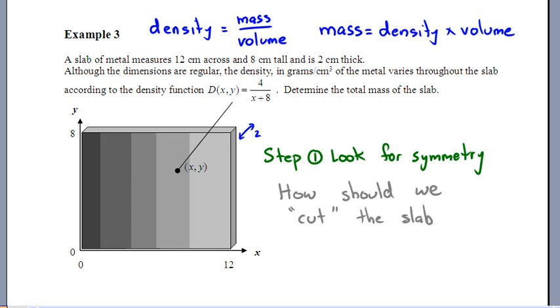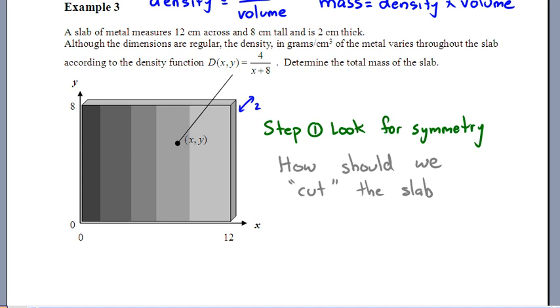We're going to mathematically cut this slab of metal into some small little shapes. And I've noticed that it's beautifully consistent in density up and down. So I want to imagine taking like a little calculus scalpel and coming in and slicing up this chunk of metal into a whole bunch of little thin little pieces of toast that look like this. Just a whole bunch of little rectangular prisms.